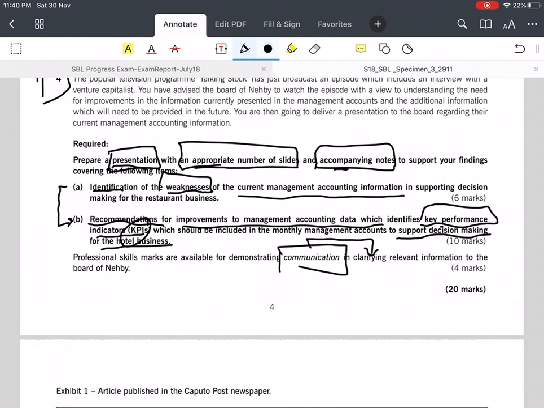And while applying the knowledge in the case study, the only objective that you should have is to solve the problem given in the question, to address the objective of the examiner while he is asking for something.